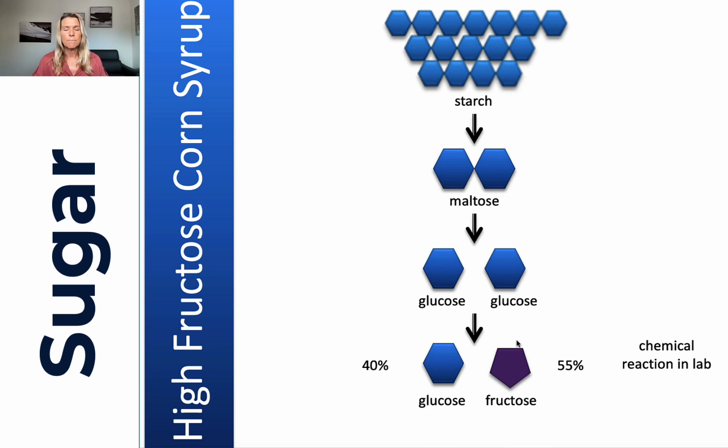Just remember that the body handles fructose differently than glucose. Glucose is our fuel. Fructose has to go to the liver to be converted to glucose. And when we get a straight shot of that, meaning there's not a lot of fiber, soluble and insoluble, to slow that absorption process, and that goes to the liver, that ends up causing problems for the liver.